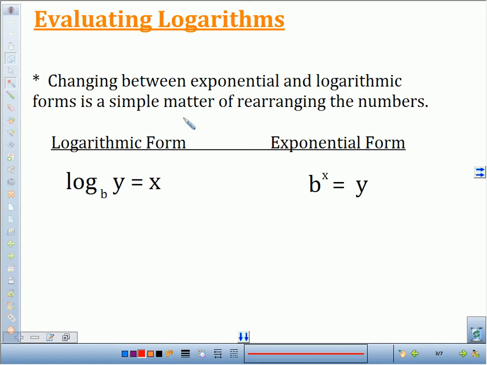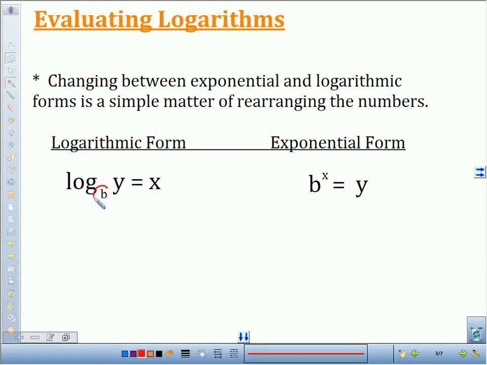Now, changing between exponential and logarithmic forms is really simple. All we have to do is rearrange the numbers, and that's because b to the x equals y, and log base b of y equals x all contain b, x, and y.